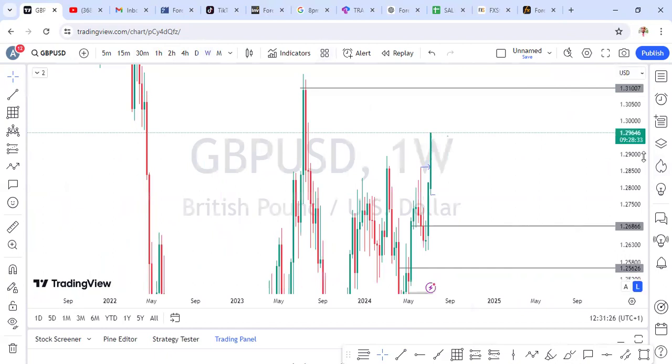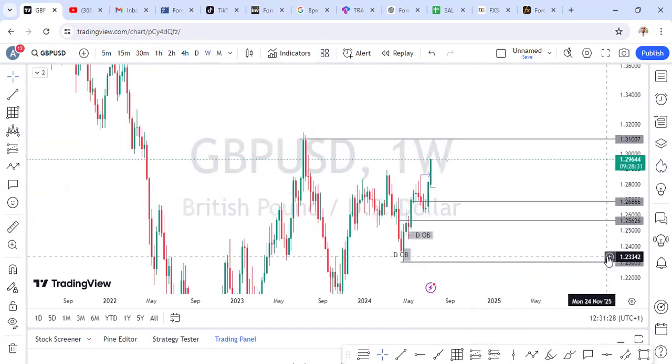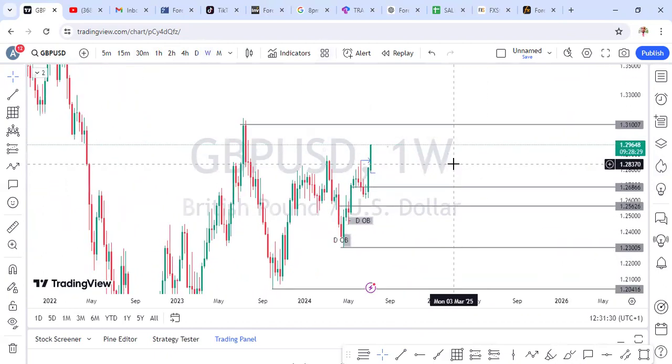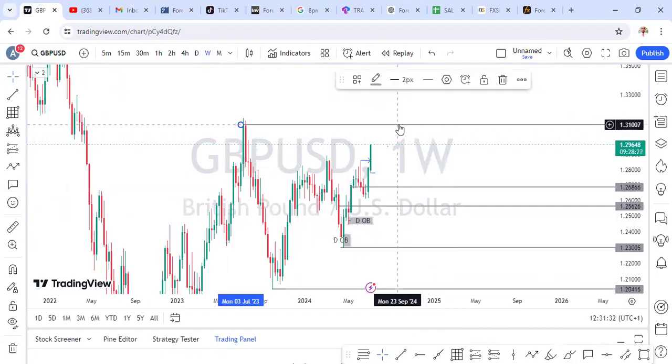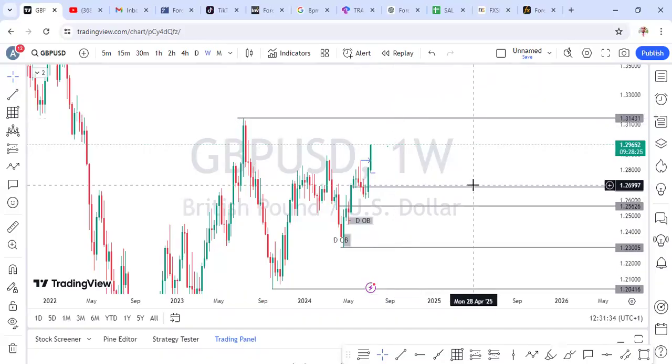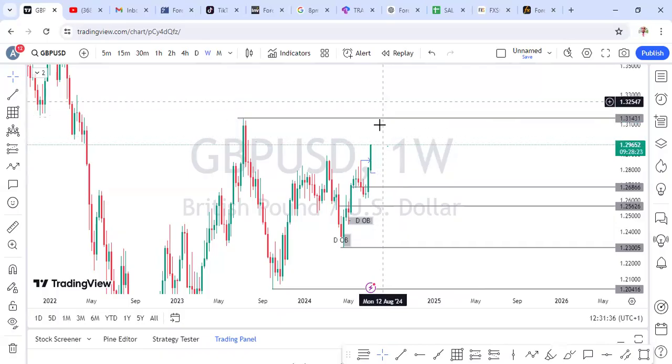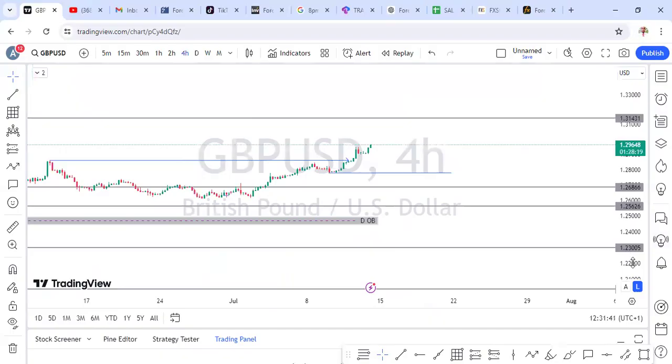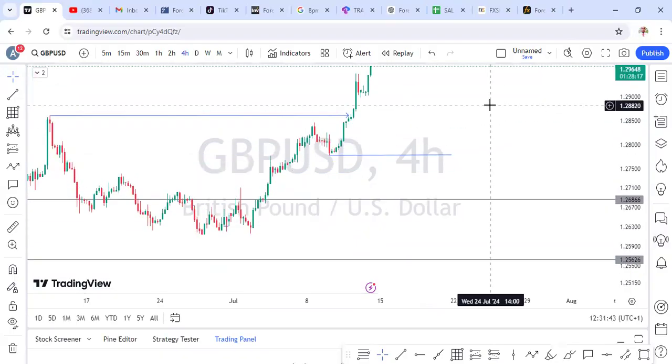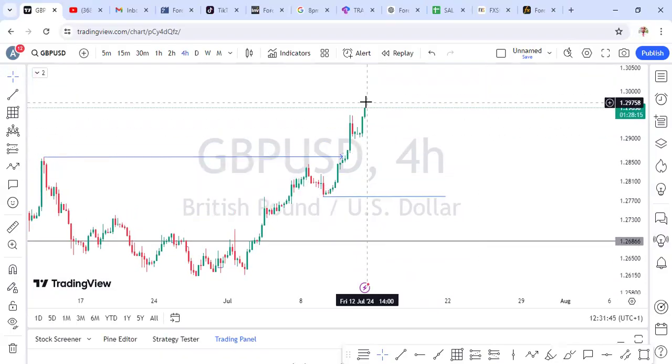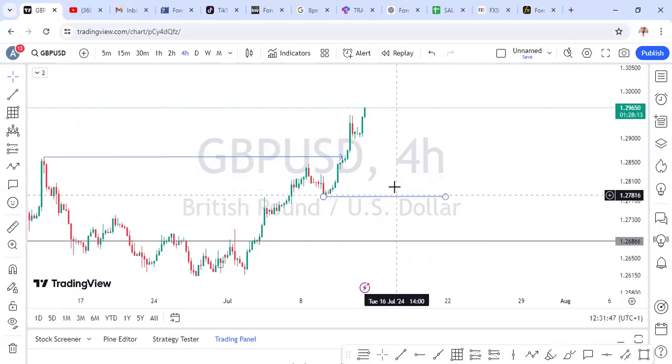So I will advise not to sell this guy. The best is to look for an opportunity to buy. The only thing we can look for is a pullback to buy. If price comes back to this base, then we look for a buy. But for now, nothing.